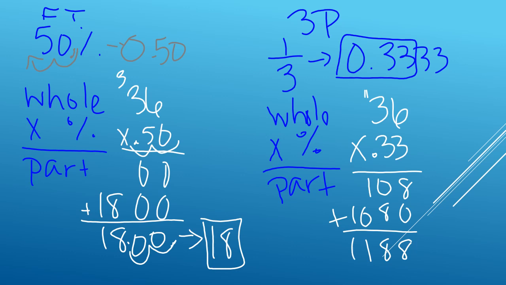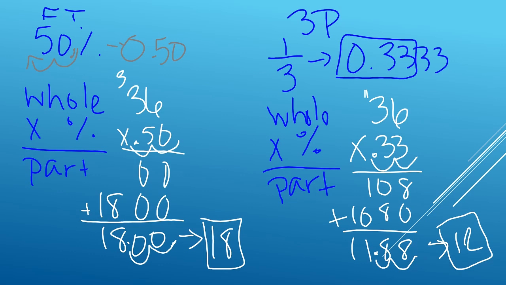Same thing, I need to move the decimal point 2 spaces to the left, which gives me 11.88. Now I'm going to round up because it's time. We can't really use 11.88 days, so we're going to round it up to 12 days. So he spent 12 days practicing three-pointers.